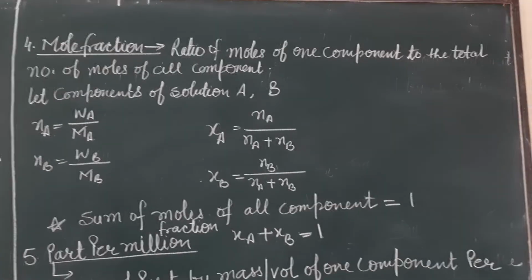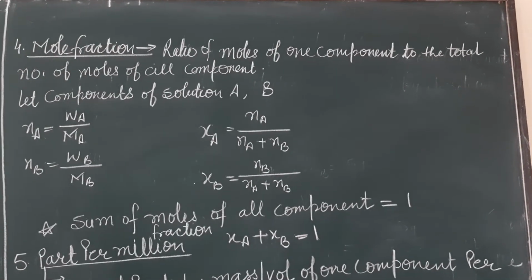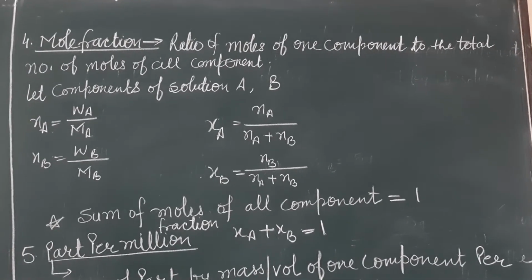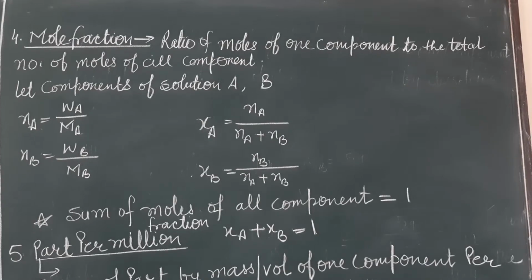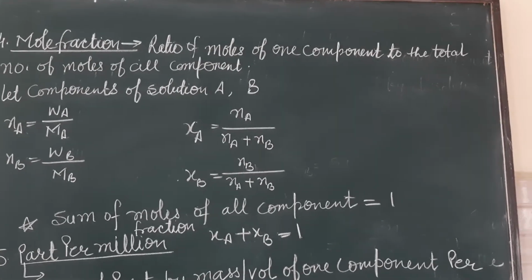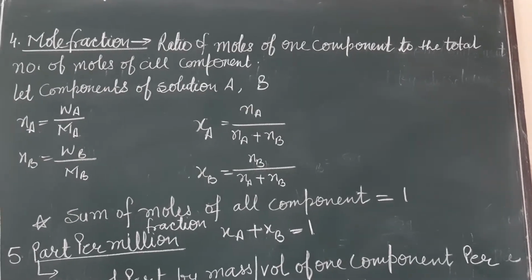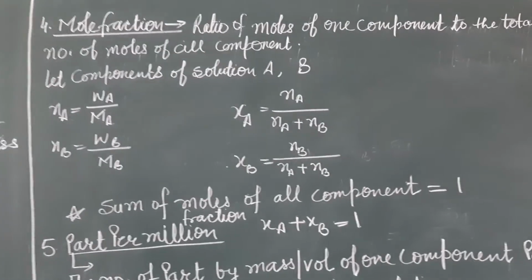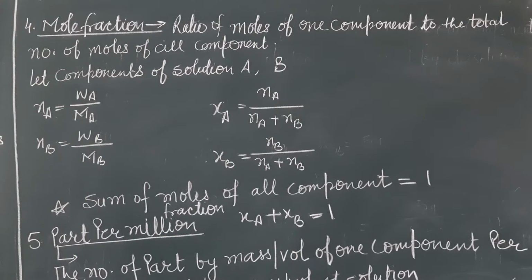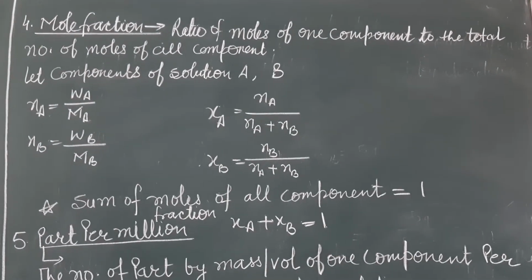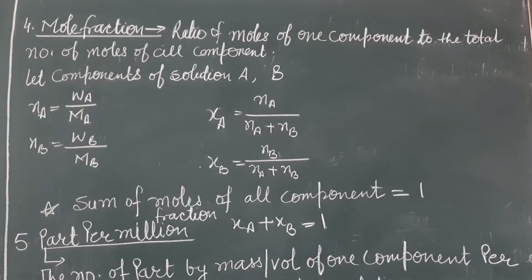Let the solution be made up of two components A and B. Their weights are WA, WB. Molecular mass of A component is MA. Molecular mass of B component is MB. First of all, we calculate the number of moles of A, that is equal to weight upon molecular mass. Number of moles of B is equal to WB upon MB.